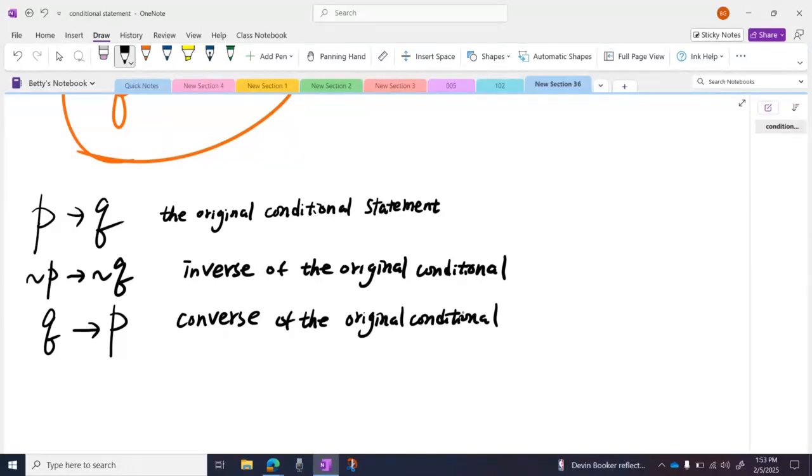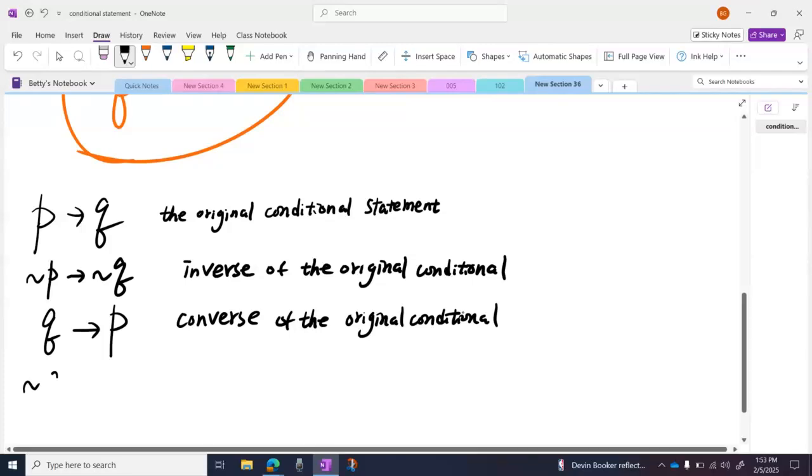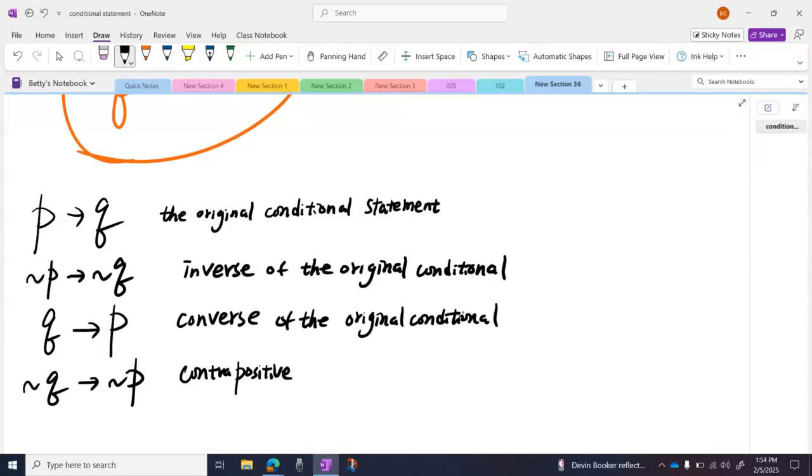And next, for the two pieces in the original conditional statement, I'm going to do both things: negate both pieces and also switch the order. So I'm going to have not Q implies not P, and this is the contrapositive of the original conditional statement.